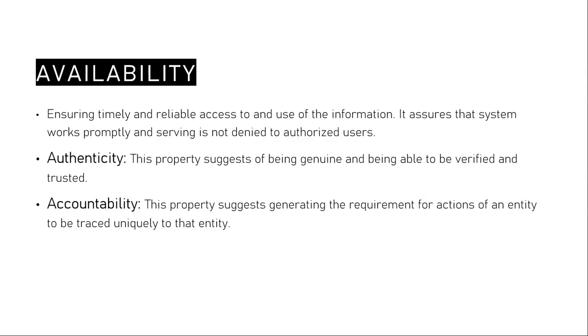Next one is availability. Availability suggests ensuring timely and reliable access to and use of the information. It assures that systems work promptly and service is not denied to authorized users. To conclude the computer security concepts, two more concepts are introduced in addition to the CIA triad.